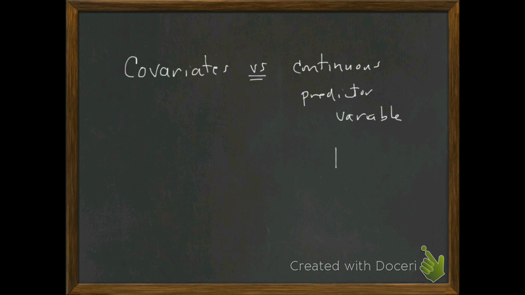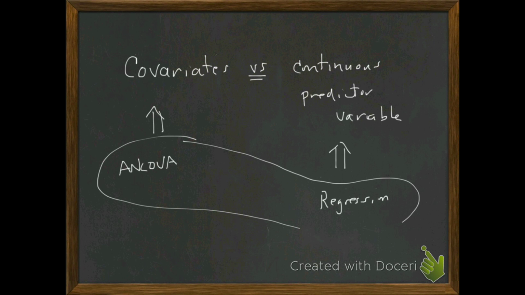Now, guys, over here, this would be a regression model, and over here, this is an ANCOVA. Both of these are just general linear models. This one is going to contain an intercept. The ANCOVA doesn't contain, well, actually, sometimes it does, but the one we look at is not going to.